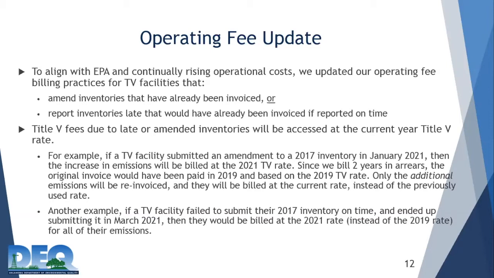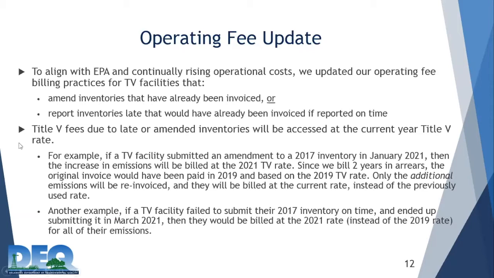So I did add a little update in the review section just because I'm already going over the operating fee information. There is an update on how we're billing Title V sources when we get in either amended inventories that we already billed on, or if inventories are reported late that we would have already billed on.